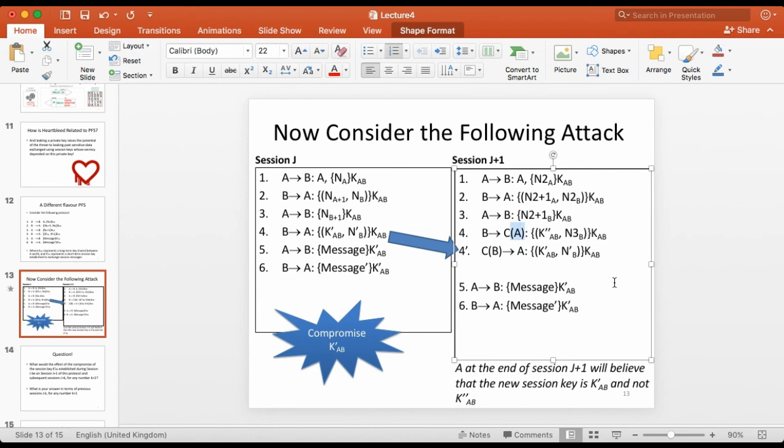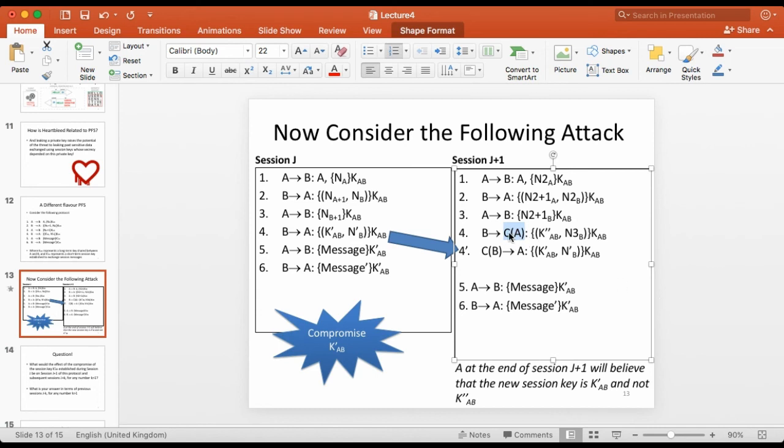In fact there is no Alice in this message, but instead there is an attacker, C, Carol for example, who is pretending to be Alice, and Alice for some reason is not able to receive this fourth message.